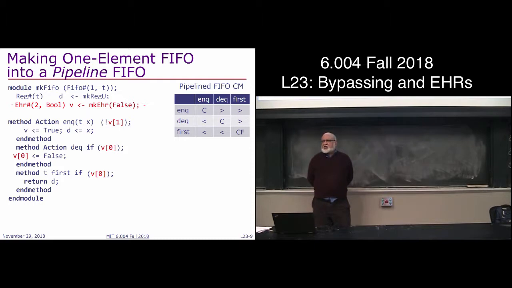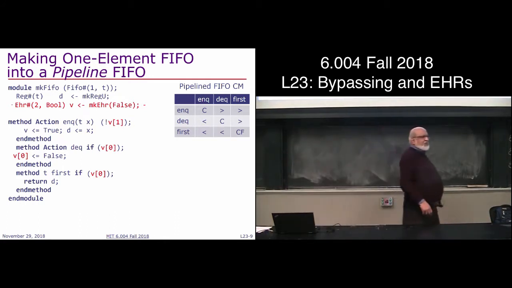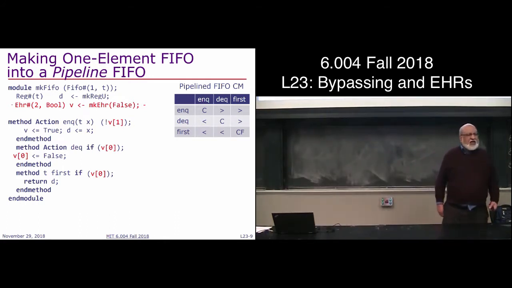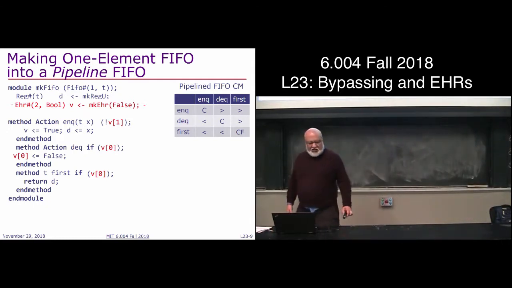Please ask questions because I'm seeing too many blank faces here. What have I done by doing this? Yes? Why is that third method then V0? I could give you a long-winded answer, but the first one is reading the current element. You could have defined a different first, one which just reads whatever came in, but that's not what we were trying to do.